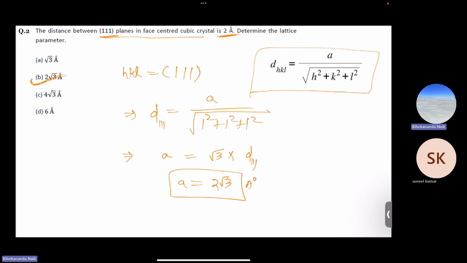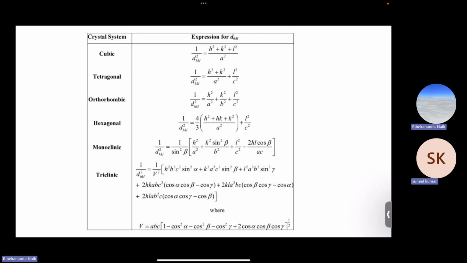So you know now how these relations are derived. If you talk about different types of crystal structures, they have different expressions for calculating the interplanar spacing.